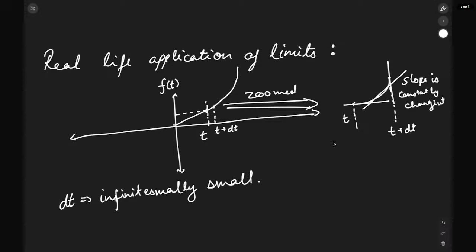Suppose this is a curve, you are at this point t, and you move dt. It will be so close to this line that if you zoom in, it will appear to be just a straight line, not this curved line. And then you can find the slope of this line. And this is how you will tell me about the nature and the predictability of the graph.